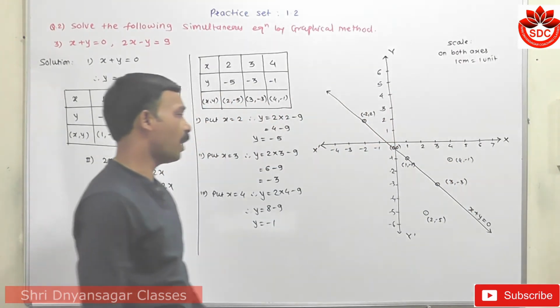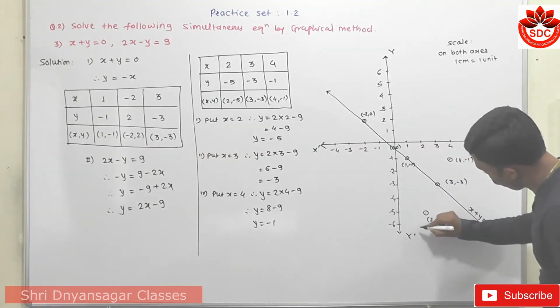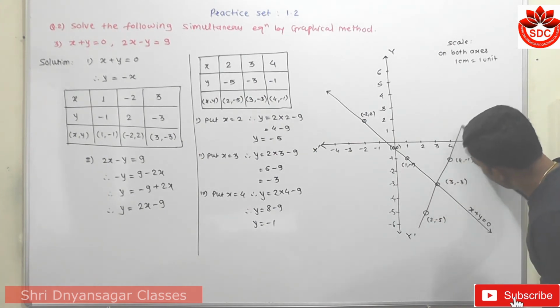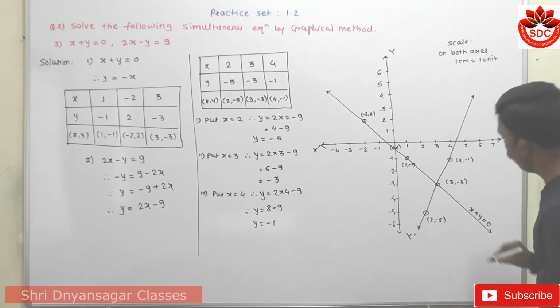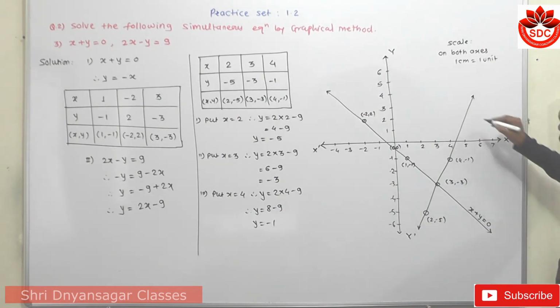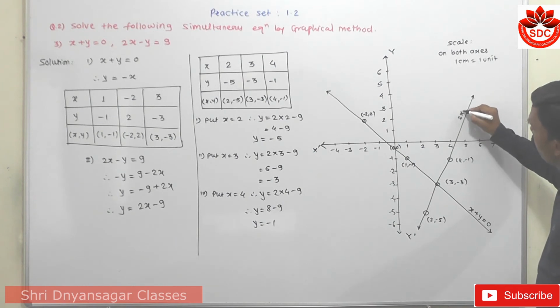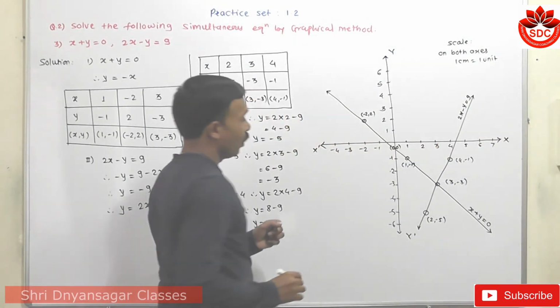Now student, when joined by using the scale, this line also passes through 3 and minus 3, because it is the point of intersection of these two lines. Here the equation is 2x minus y is equal to 9. These are the equations of the two lines.